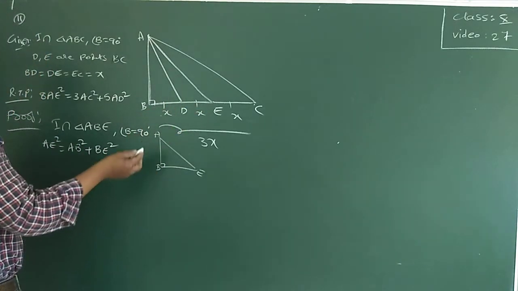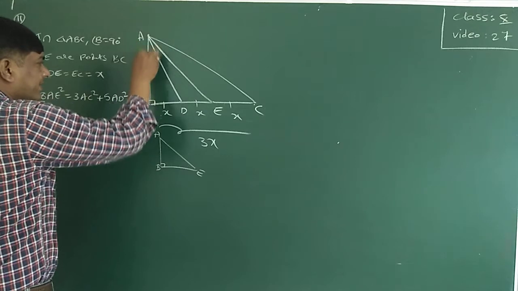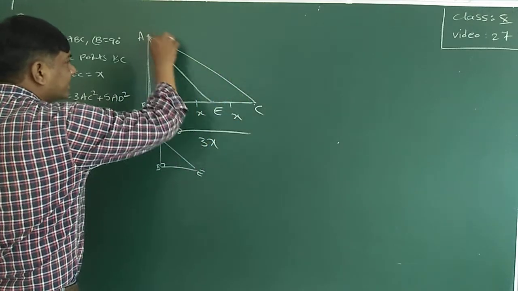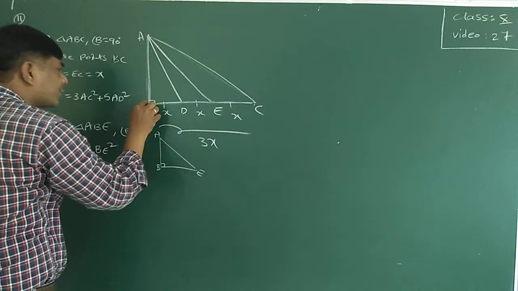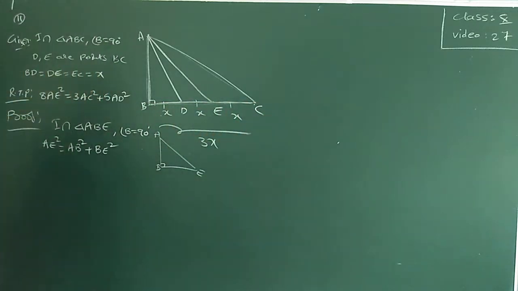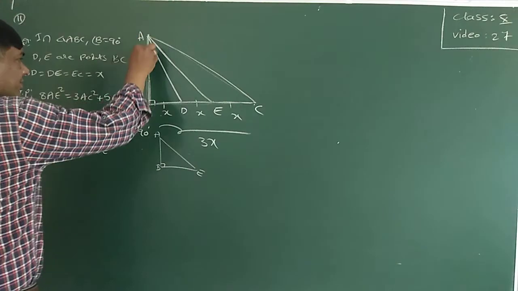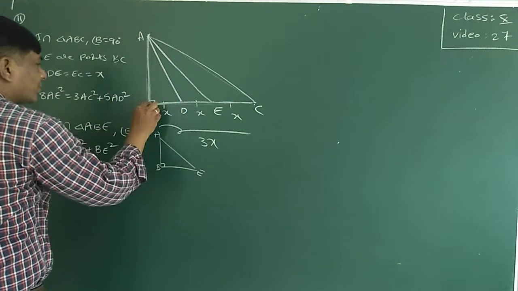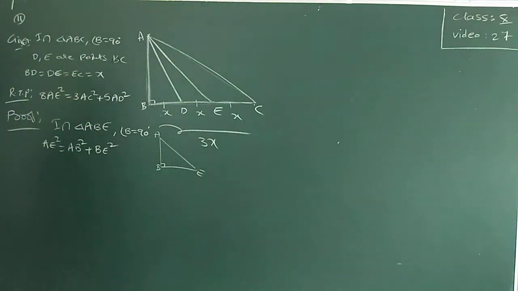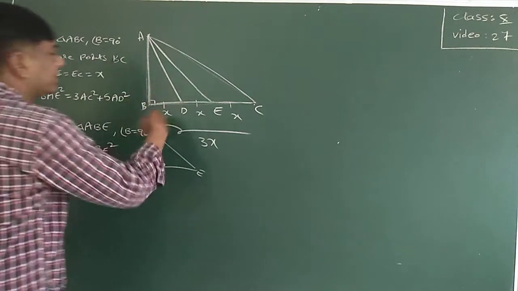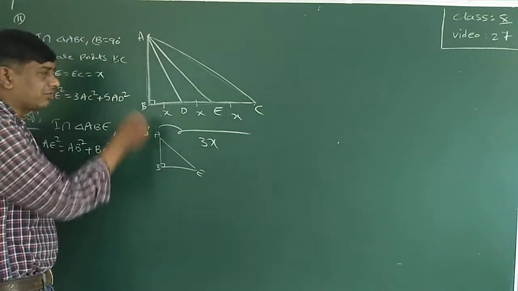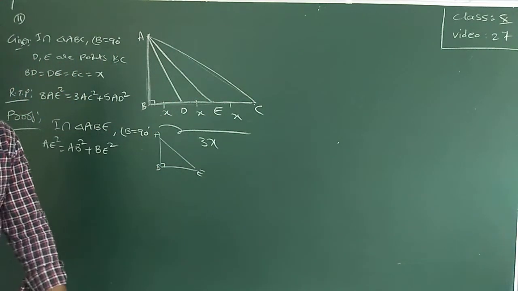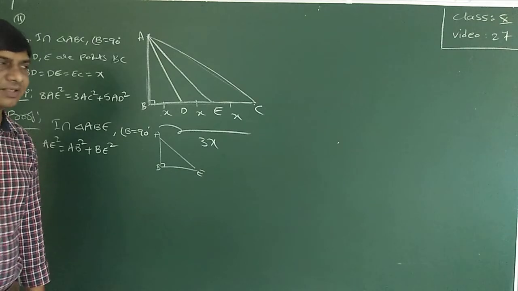Next, AC square is equal to AB square plus BC square. Again, AD square is required, so AD square is equal to AB square plus BD square. Substitute the terms one by one, replace them, and you will get the solution.